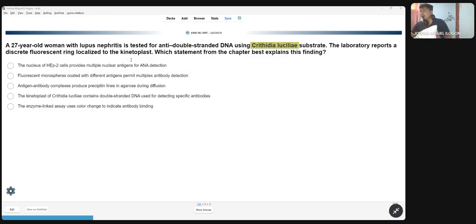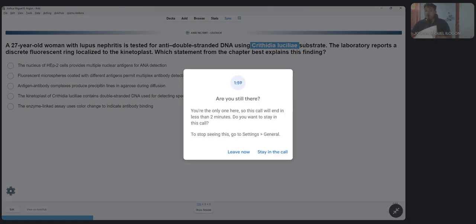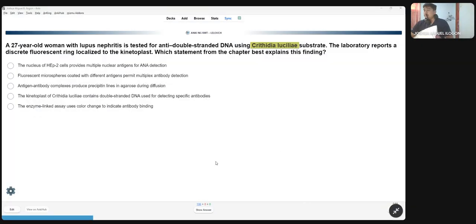Oh, it does exist. Ah, it's immunofluorescence. Okay. Direct fluorescent ring.